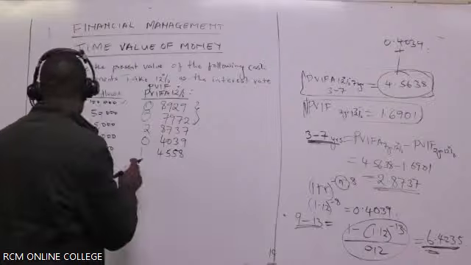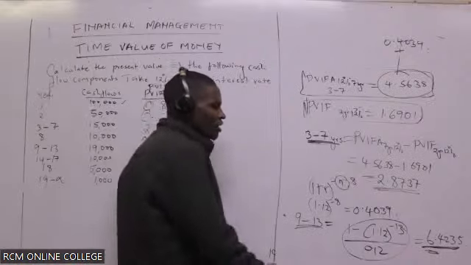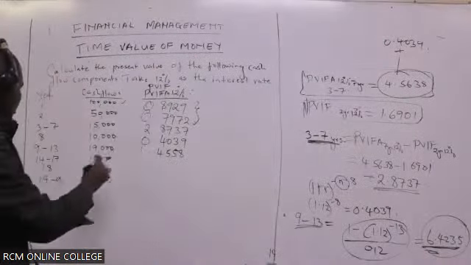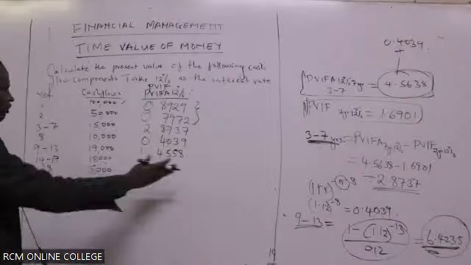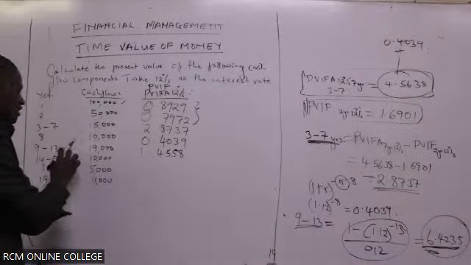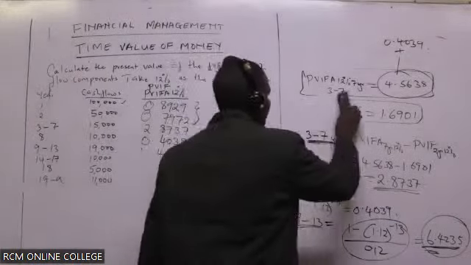We go to the next one: 14 to 17. Still we have a range here. Since this is the 13, this is what I will subtract. So I will subtract that 6.4235. Get the PV-FA for 17 years.